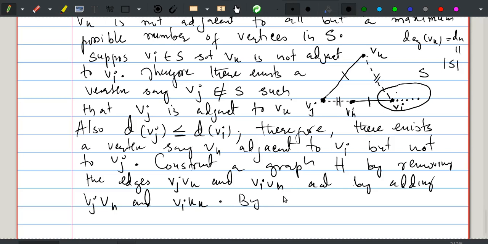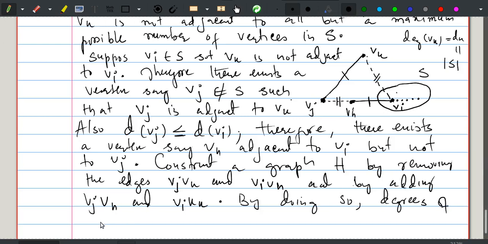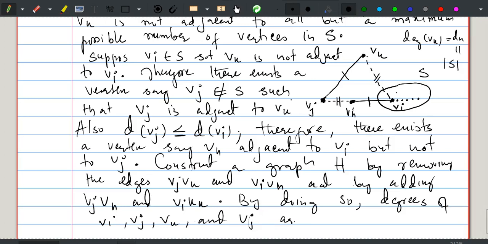By doing so, the degrees of Vi, Vj, Vk and Vh are unaltered.